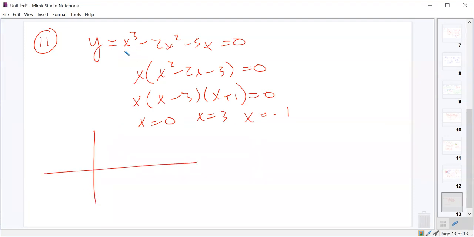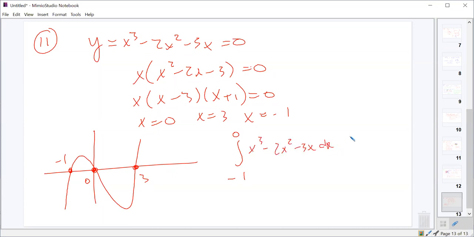It starts as a positive x cubed, so I know it's going to go up, down, up. Doesn't really matter how far up and down it goes. We know this is negative 1. We know this is 0. We know this is 3. Anything above the x-axis is a positive area, so we'll do the integral from negative 1 to 0 of x cubed minus 2x squared minus 3x dx.